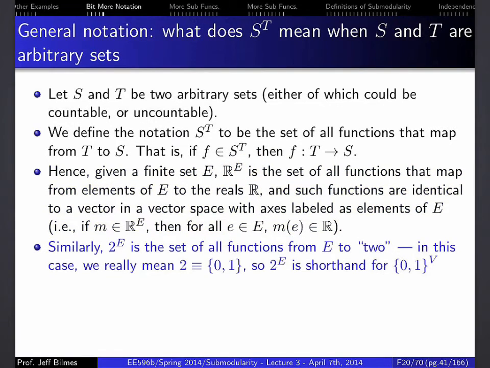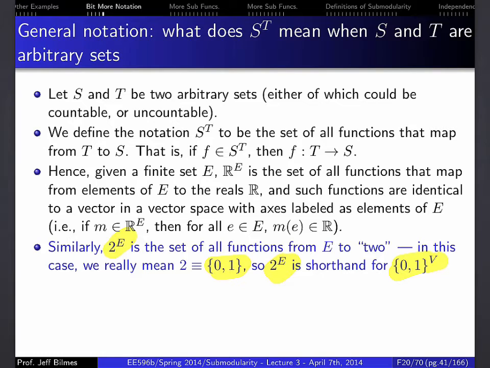Or equivalently, if we take 2 to the E, why do we use that? That's a further shortcut. Basically, the number 2 is really this set {0, 1}. So when you write 2 to the V, it's really {0, 1} to the V. And what that is, is all functions that map from elements in V to either 0 or 1.